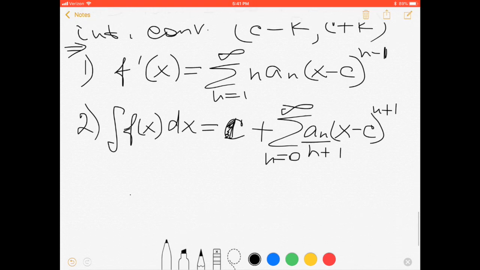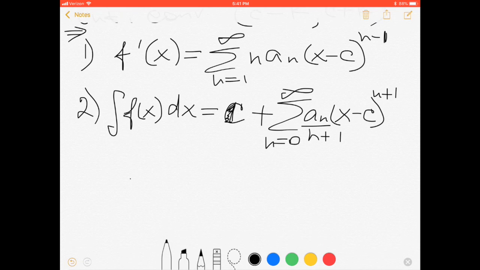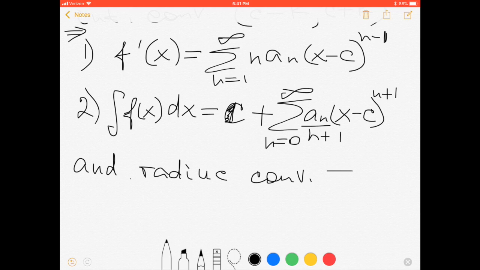Okay, but we have more information. The radius of convergence for both of these functions, the derivative and the antiderivative, equals R. This means it is the same as for the original function.